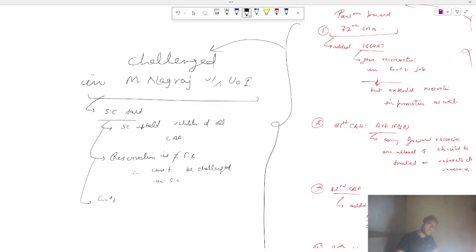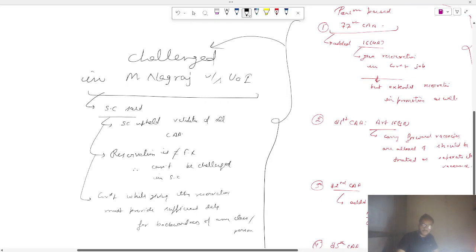The Supreme Court also stated in this case, the government, while giving the reservation, must provide sufficient data for backwardness of any class or person.